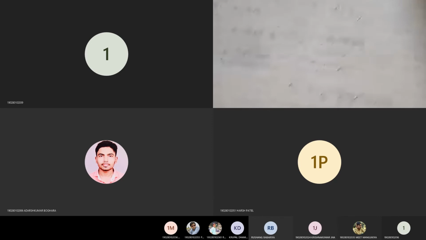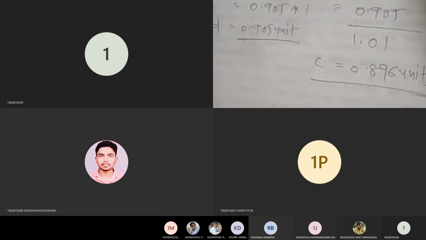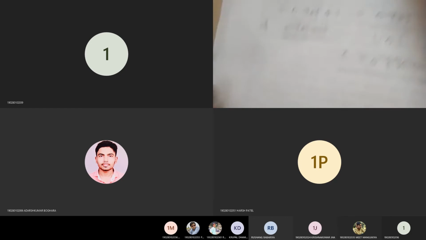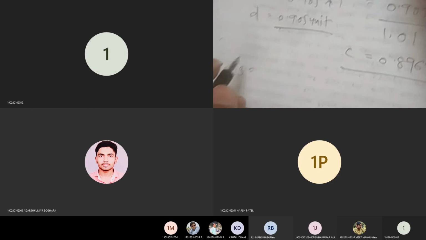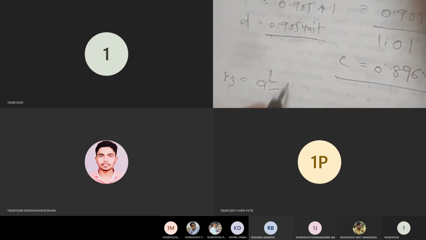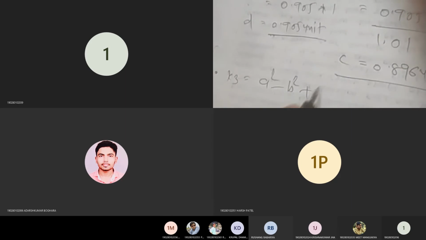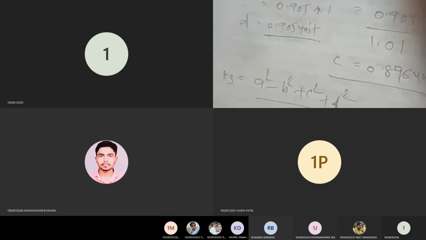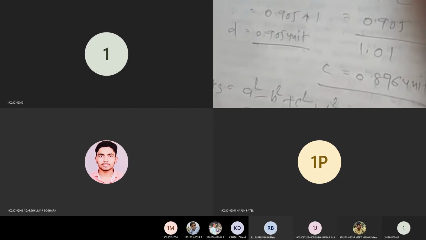Now the third value from the equation. What is the equation? We know very well. This is the first, this is the second, and the third one, that is k3 equal to a square minus b square plus c square plus d square divided by 2ac.